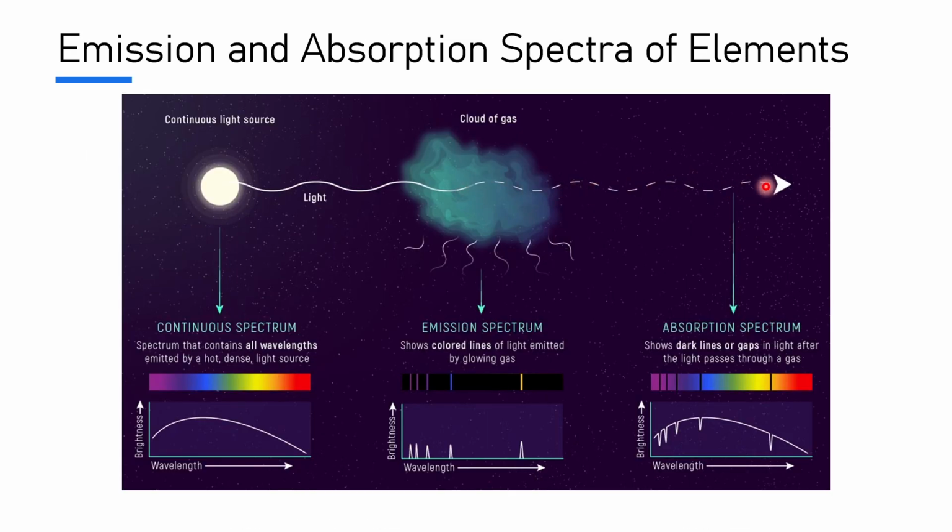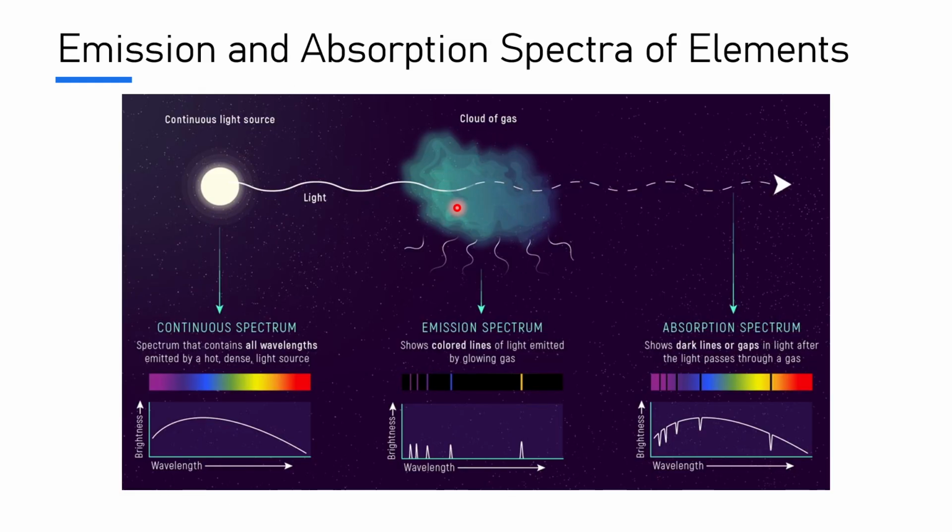When that happens and the light then hits a detector, what we'll notice is that there are particular parts of the spectrum where that light has been absorbed. Therefore, we don't see it in the spectrum, or if we look at this graph, we get these characteristic dips that occur because absorbance has occurred. This energy has been, for lack of a better term, removed or taken in by the cloud of gas.